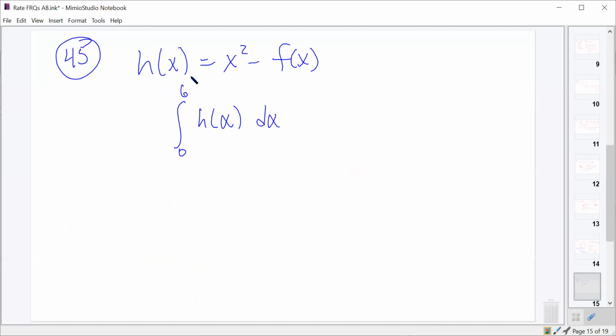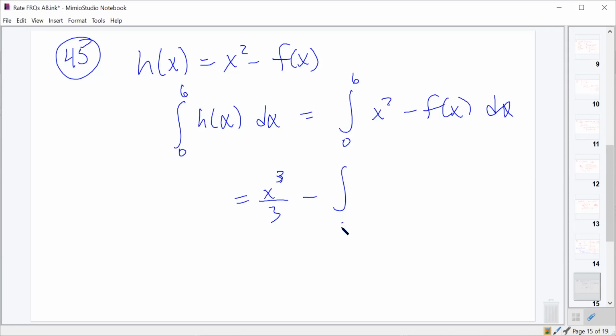So the integral of h of x ought to be the integral from 0 to 6 of x squared minus f of x dx, which is x cubed over 3 minus the integral from 0 to 6 of f of x dx. And the x cubed over 3 will evaluate from 0 to 6 as well. And so this ought to be 6 cubed over 3 is 72.